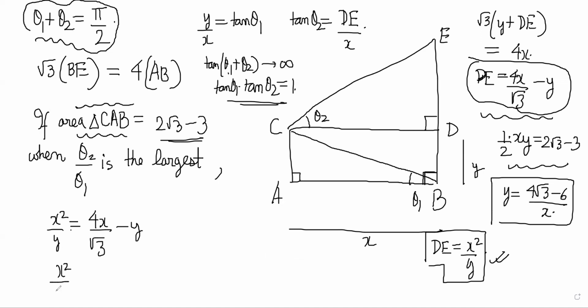So you have x squared by y plus y equal to 4x by root 3, and y we have already gotten in terms of x, right? Yes, sir. So we can write it as x squared plus y squared by y is equal to 4x by root 3.